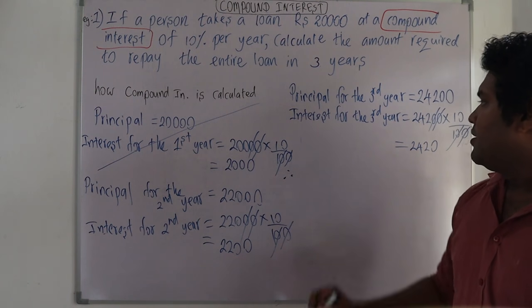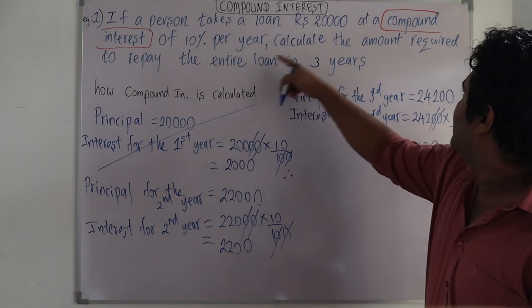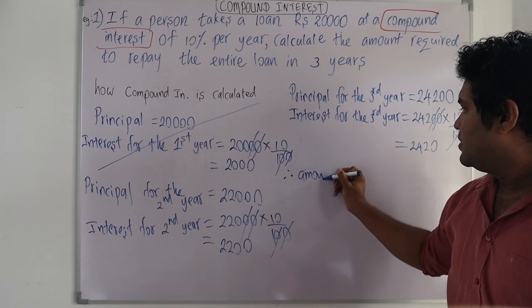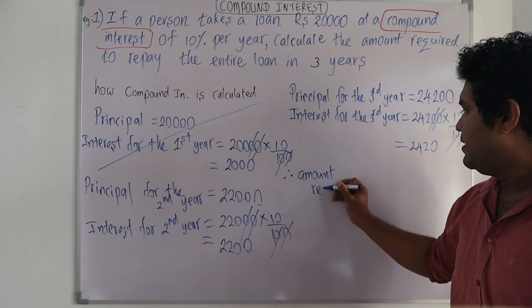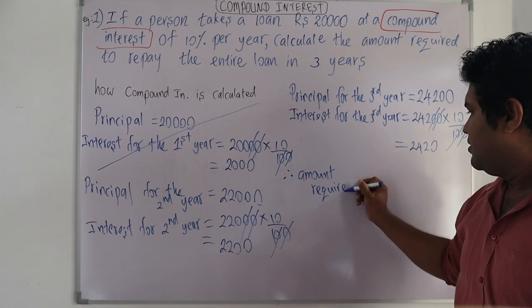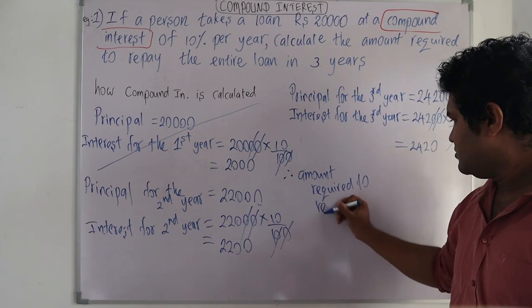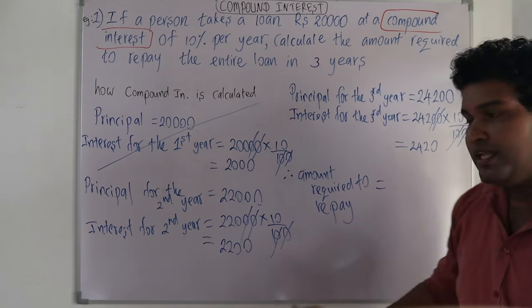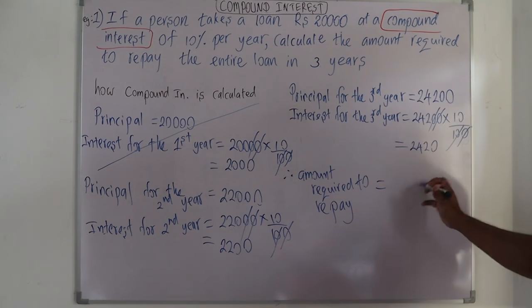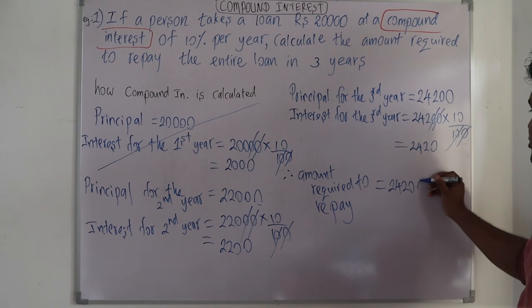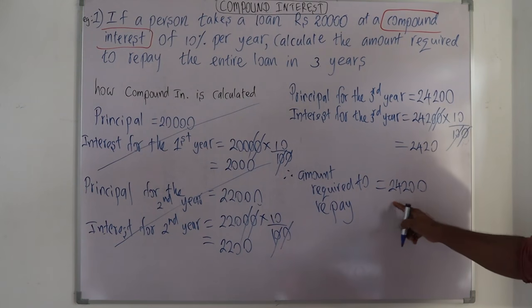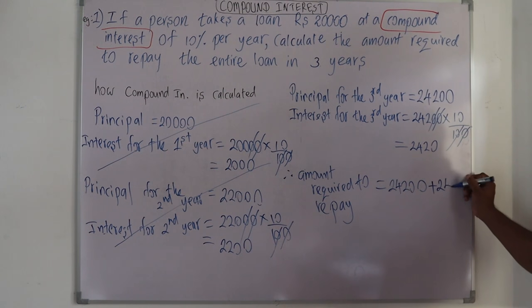Now, the settlement amount, or the amount required to repay. It is calculated by considering the last year, the third year, 24,200. You have to totally forget the first year and second year. And 24,200 plus 2,420.